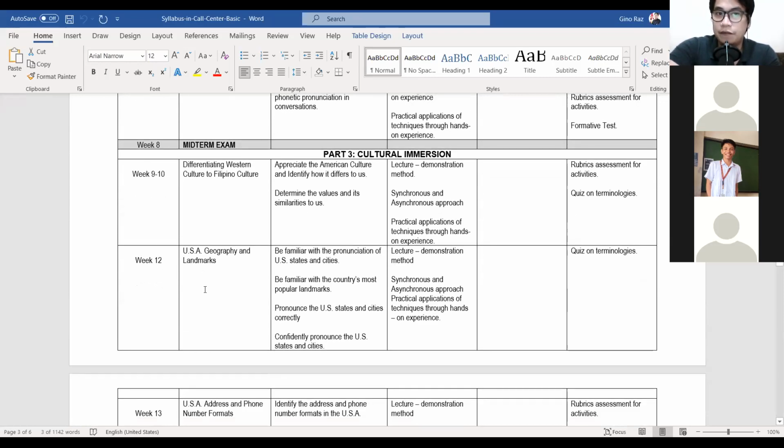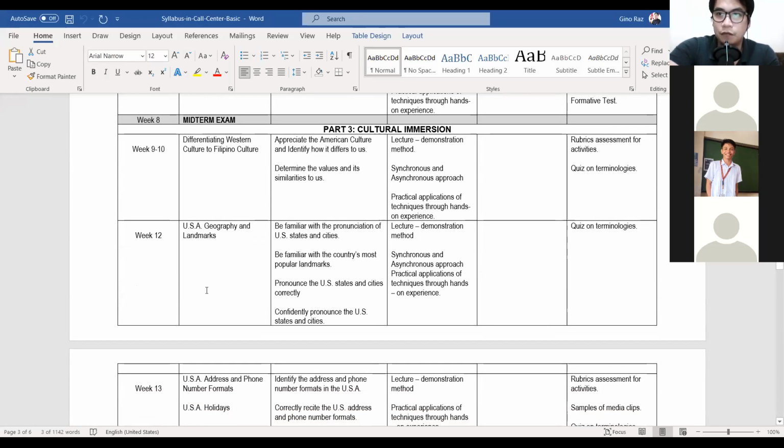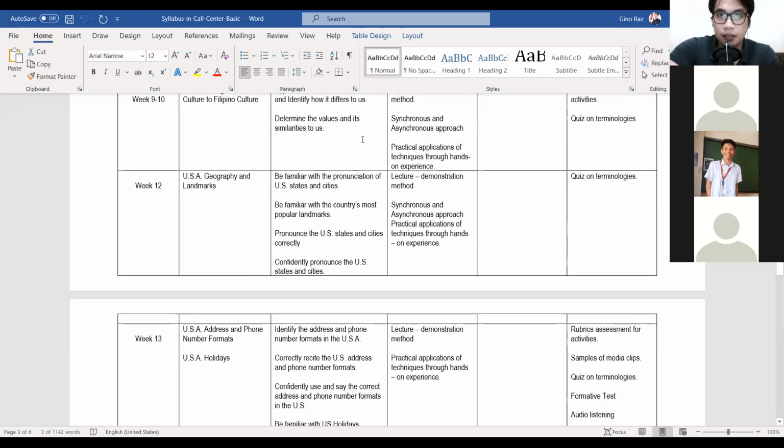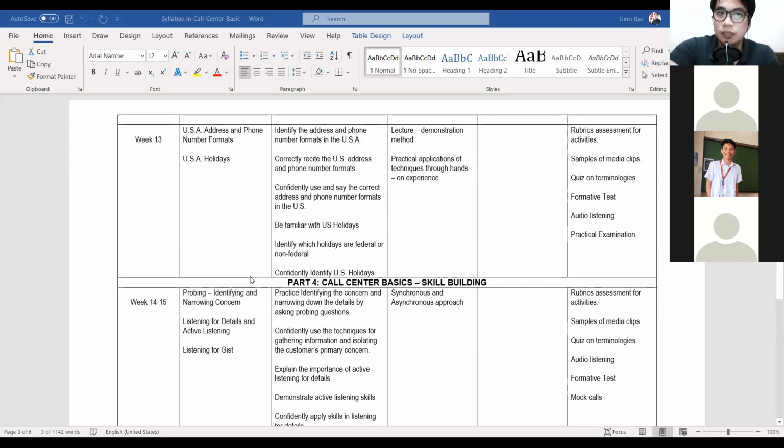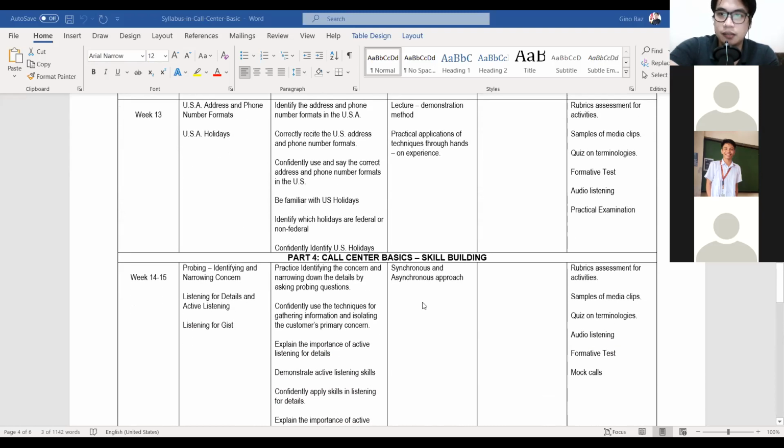Okay, the geography and landmarks of first world countries such as US and UK, and familiarization with the addresses and number formats. What are those holidays in United States?